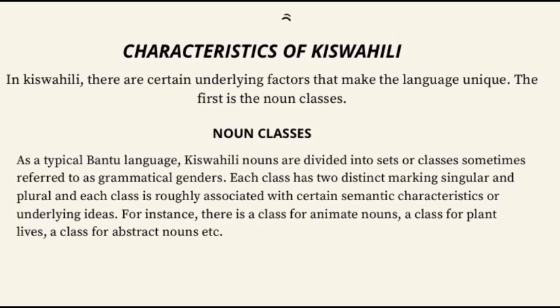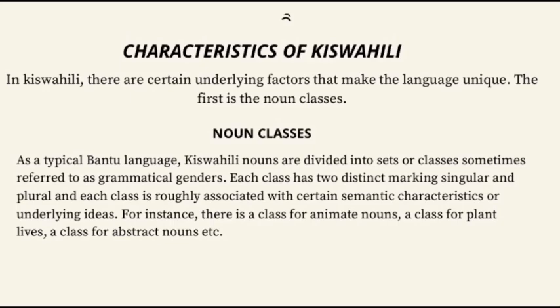As a typical Bantu language, Kiswahili nouns are divided into sets or classes, which are sometimes referred to as grammatical genders. Each class has 2 distinct markings, singular and plural, and each class is associated with certain semantic characteristics or meanings.